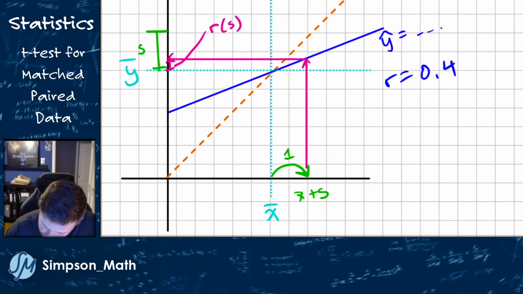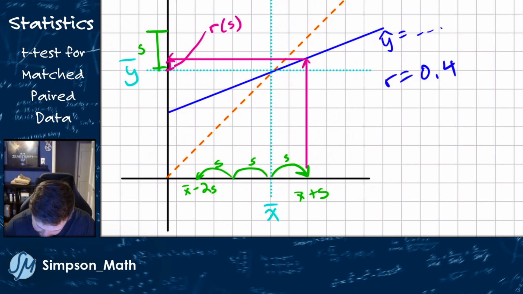Let me do an example down below. So if I had 2 standard deviations below the mean, this is s, this is s, so this would be x bar minus 2 standard deviations. What do we expect the y value to be?